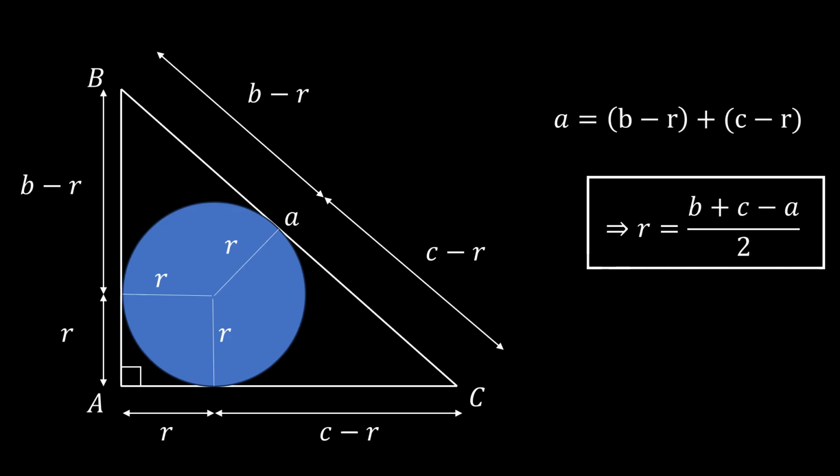We now collect like terms on the right-hand side of the equation. This yields A equals b plus c minus 2r. This is easily solved with very few moves, which I leave to you as an exercise. This final formula expresses the radius of the inscribed circle entirely in terms of the three sides of the right triangle, completing the derivation using only geometric properties and the tangent theorem.